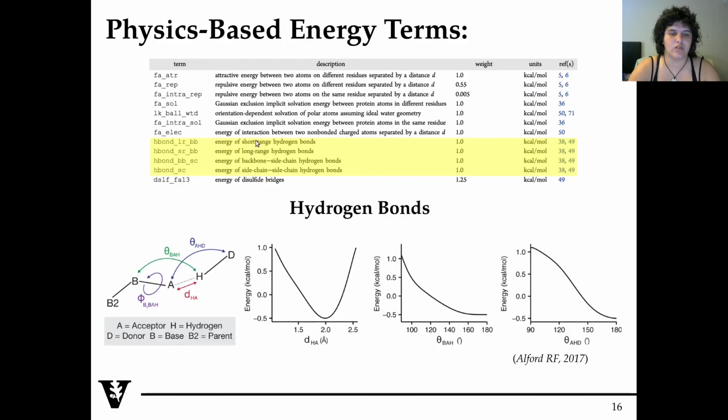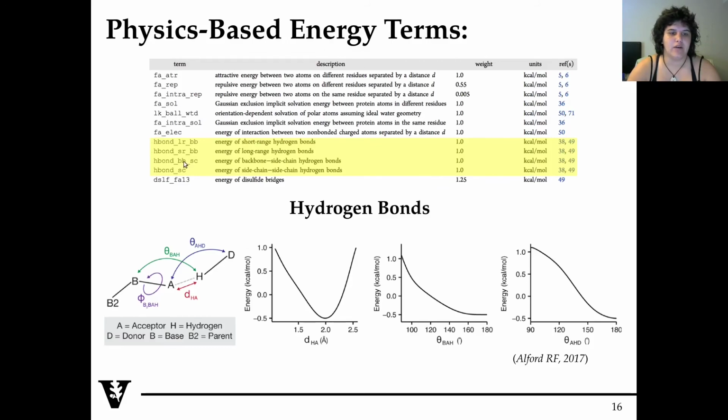Here I just noticed they are inverted. Anyway, LR is long range, and these usually describe the energy between beta strands and sheets, because they are not close in the primary sequence. While the short range describes mainly the alpha helices, because you usually have a hydrogen bond between residue i and residue i plus 3.